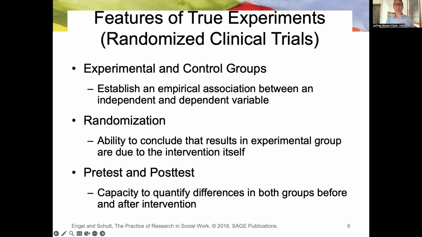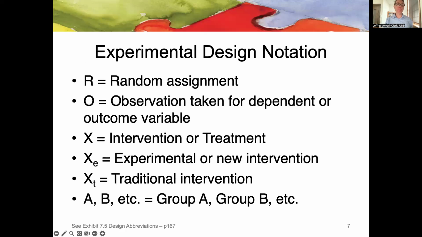And then perhaps you need to measure before and after to be able to actually measure a change. And so can you quantify the difference in those groups and how they changed and to what degree they changed?